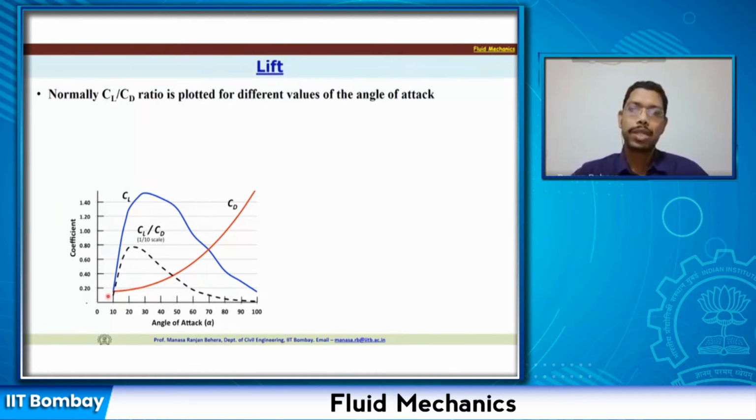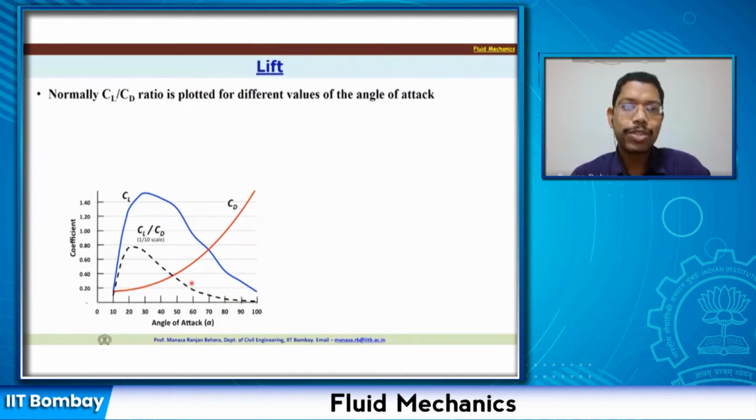Now similarly, for the drag force, if you hold it parallel, the drag force is going to be minimum. As you keep increasing the angle of attack, the drag is going to increase, up to 90 degrees positively, it will continuously increase. Now if we take the ratio CL by CD, lift coefficient divided by drag coefficient, or lift force divided by drag force, you will get a plot shown here in the dotted line.